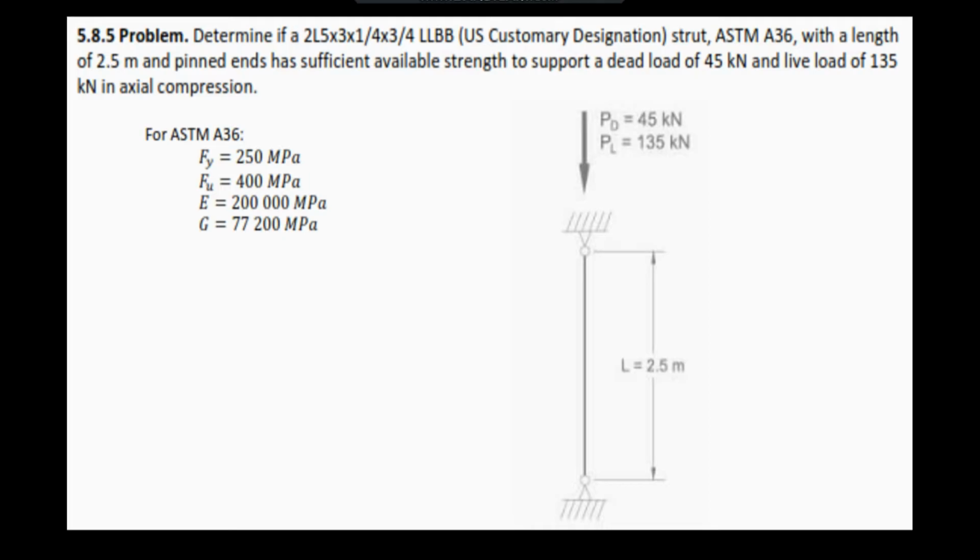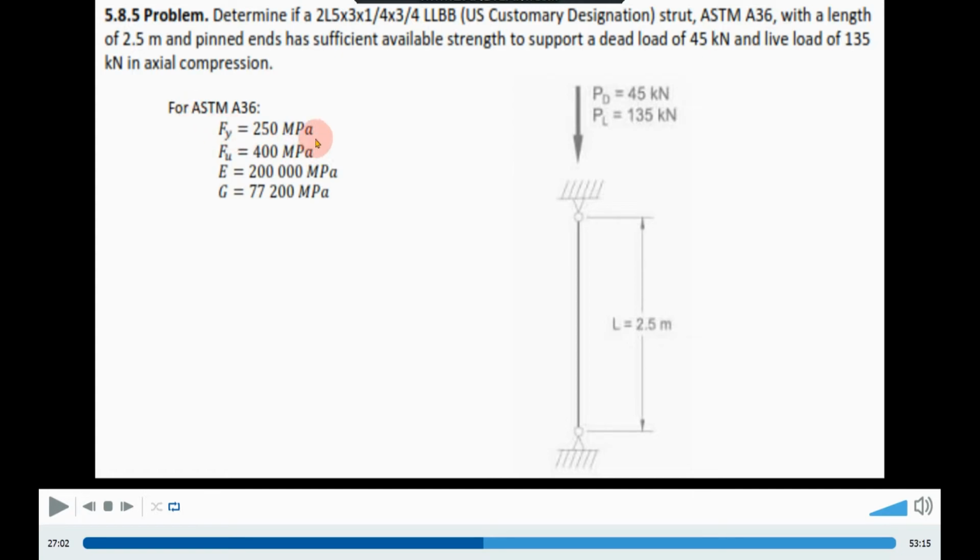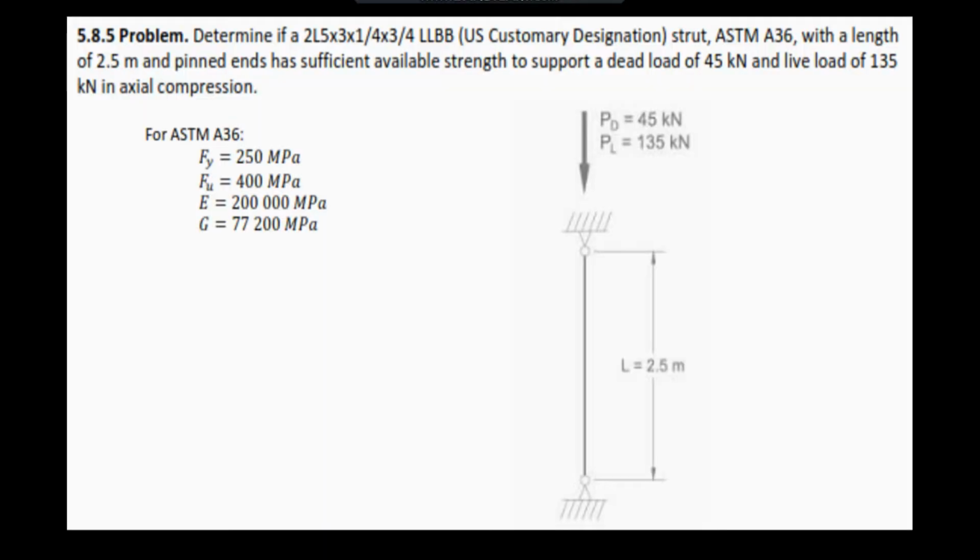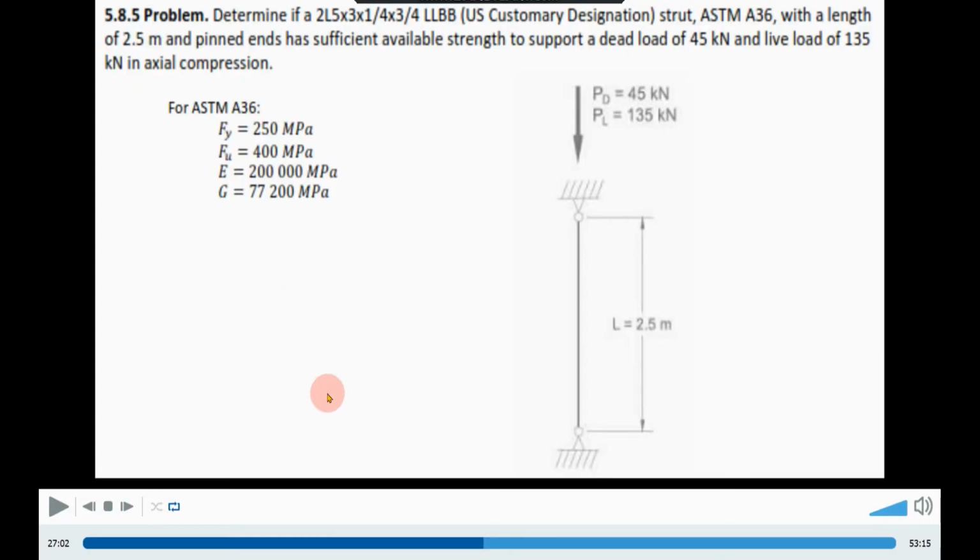So for ASTM A36, Fy is 250 megapascal, Fu is 400 megapascal, our modulus of elasticity is 200,000 megapascal, and our G or the shear modulus of elasticity is 77,200 megapascal.